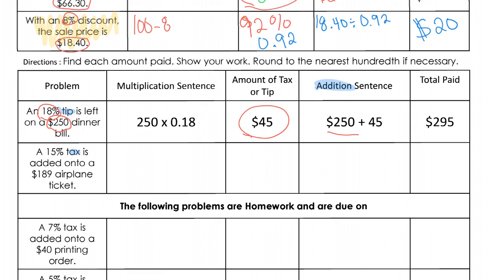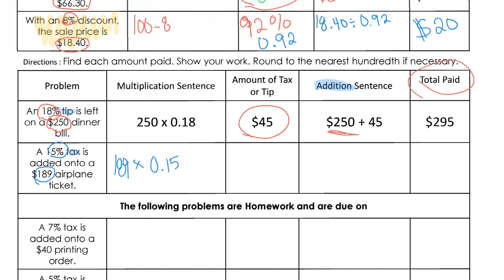Once you do that, you get the amount of tax or tip, and then you add that to the original amount. And that'll be how much you pay. Okay? So let's talk about a 15% tax on a $189 airplane ticket. So we do 189 times 15% as a decimal, which is 0.15.